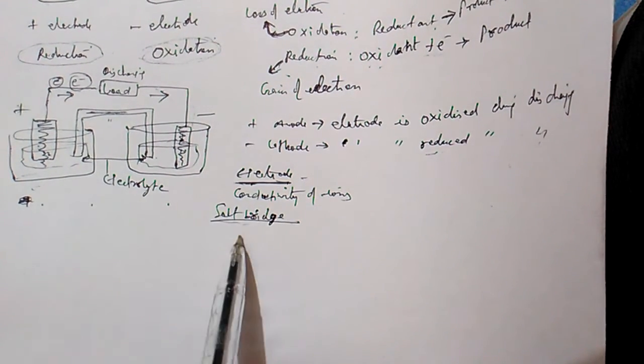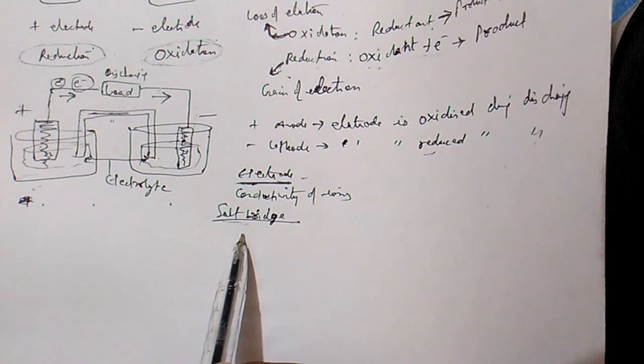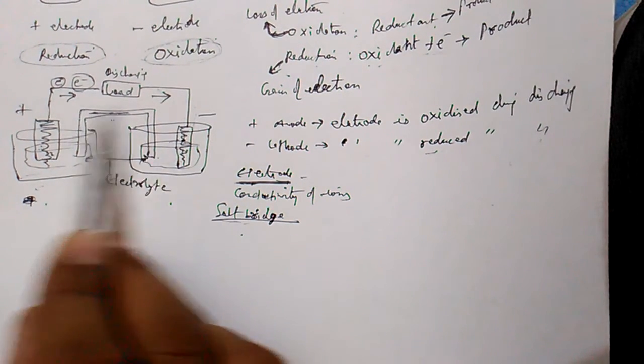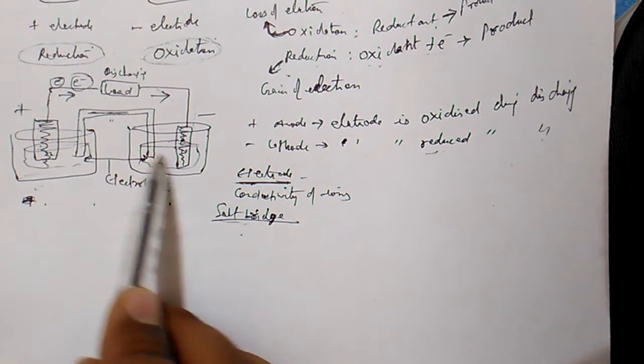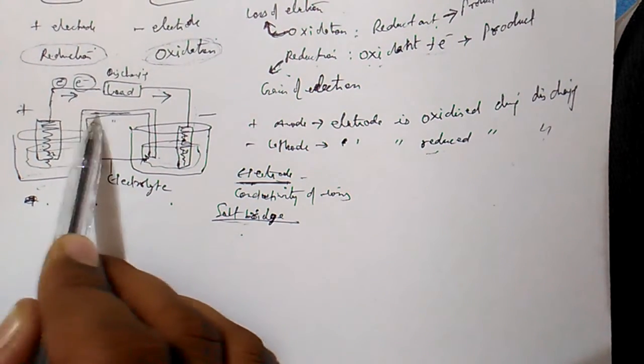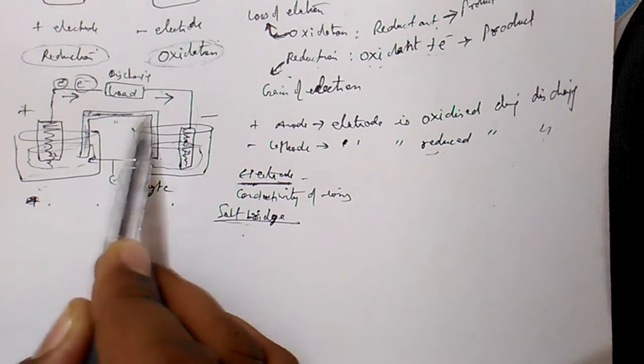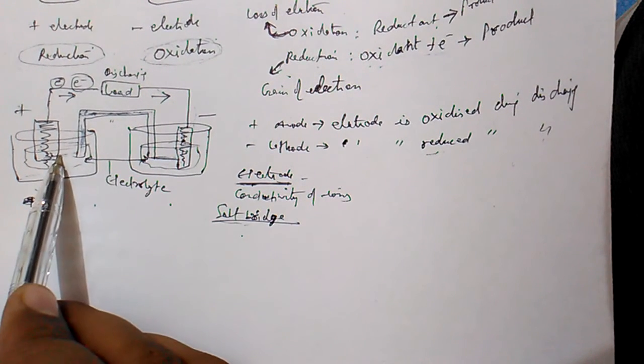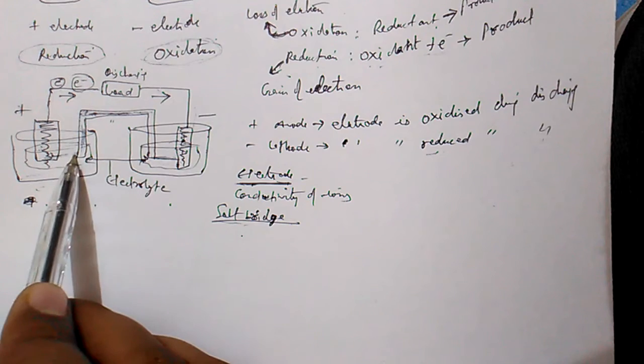It keeps the two electrodes connected, means the two electrodes are connected by this salt bridge, but keeps them separate from each other.